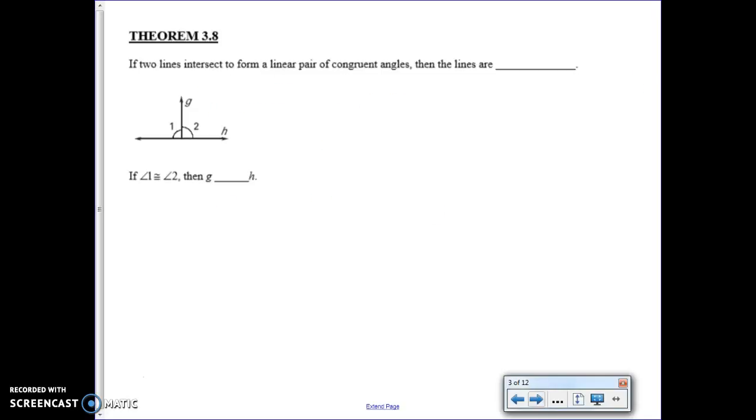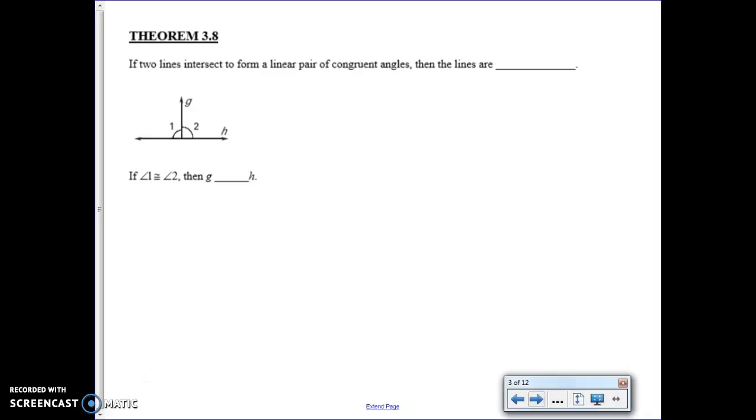Okay, so if two lines intersect to form a linear pair of congruent angles, then the lines are blank. So what we're looking at here is that if we know that angle 1 is congruent to angle 2, if you look at your picture, then we know those two have to add up to 180, and the only way to make them add up to 180 if they're the same would be that they are 90 and 90.